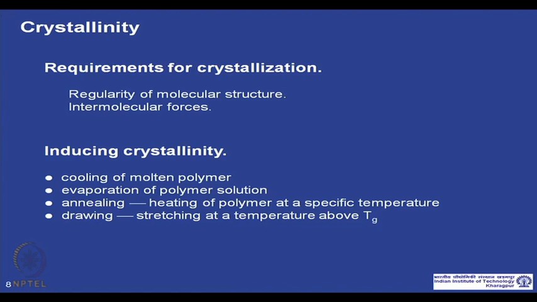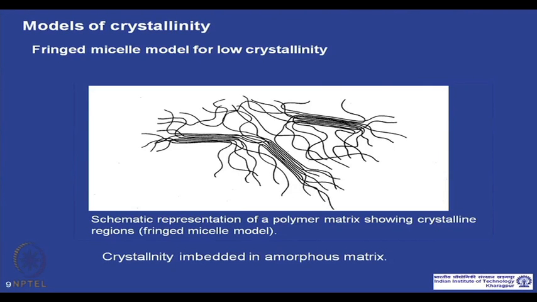So, these are the different ways we can induce polymer crystallinity, and this emphasizes the fact that the final crystallinity in the polymer, in extent and nature, will depend upon several processes. So, the final state is a non-equilibrium state.